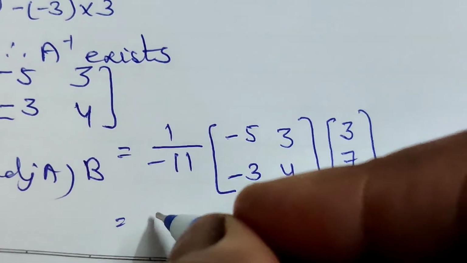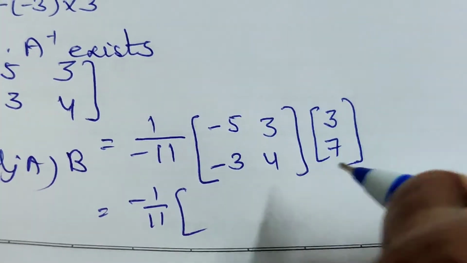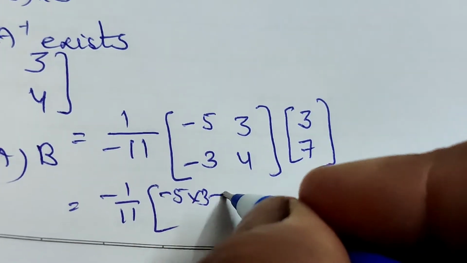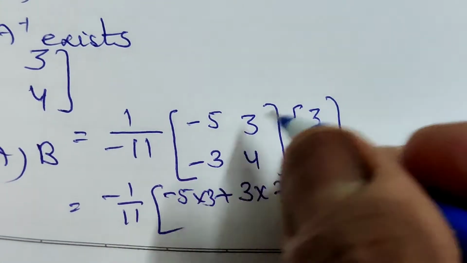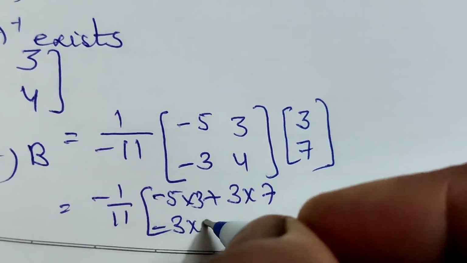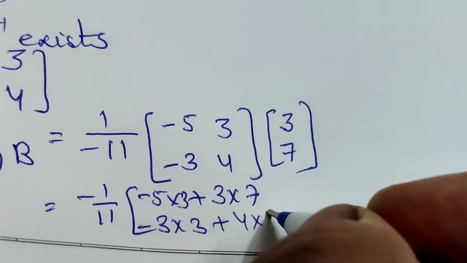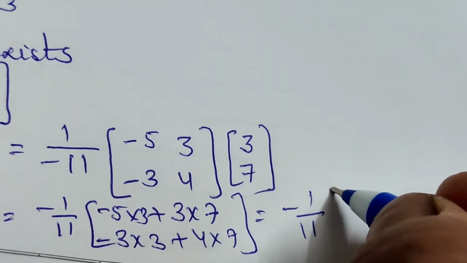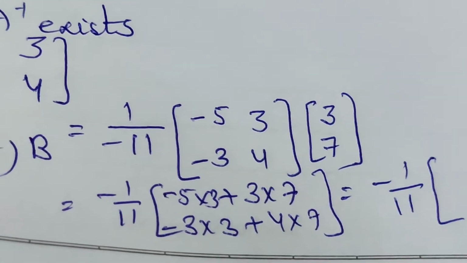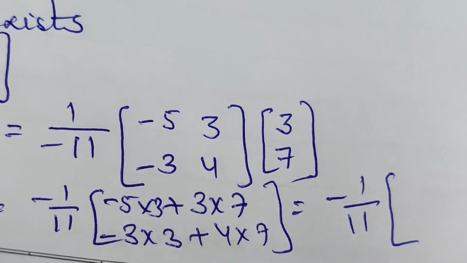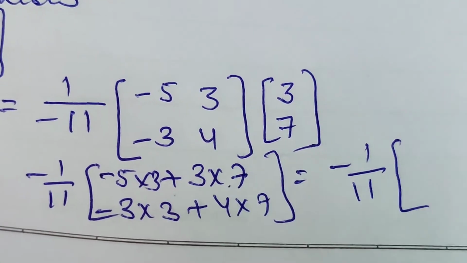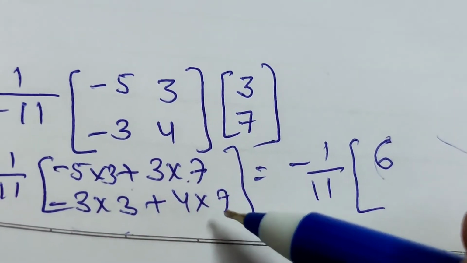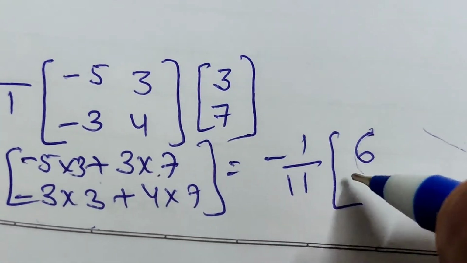Now solve. It is 1 by 11. Minus 5 into 3 plus 3 into 7, and in the next row, minus 3 into 3 plus 4 into 7. The values: 1 by 11, minus 15 plus 21 is 6, and minus 9 plus 28 is 19.